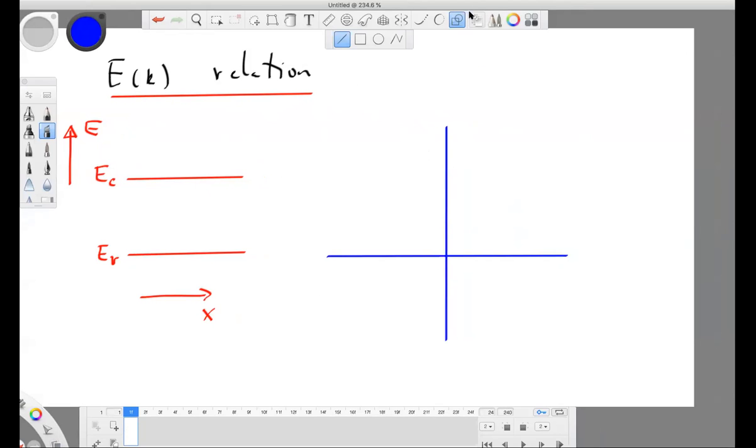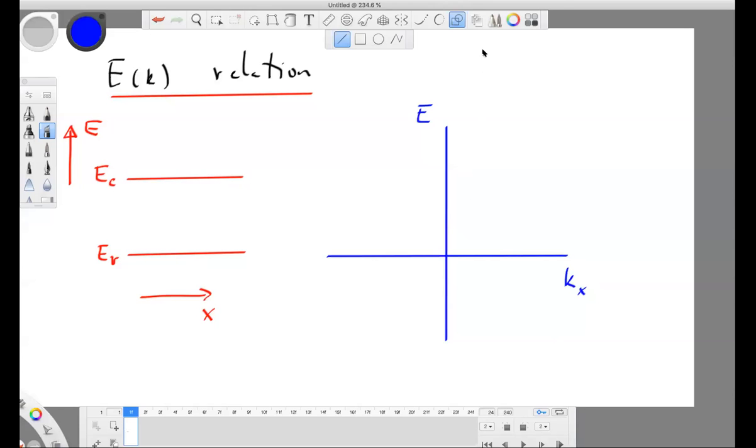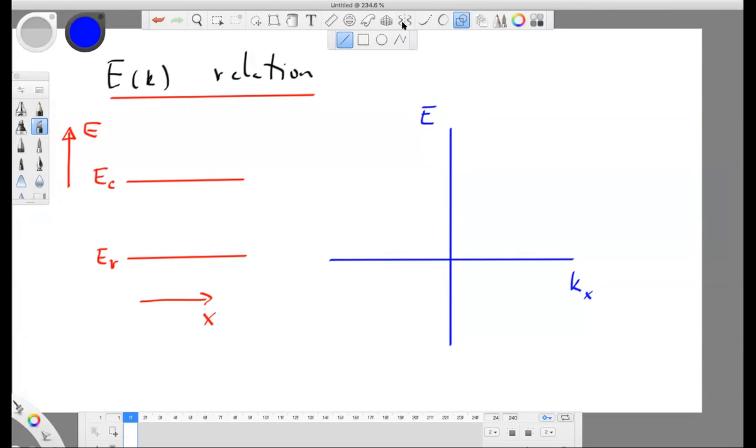So remember that we had this E versus K relation. Let's put here one particular direction, for example. So we have this kind of a relationship here.